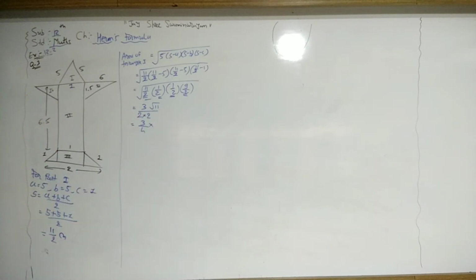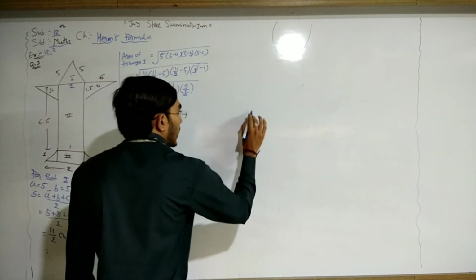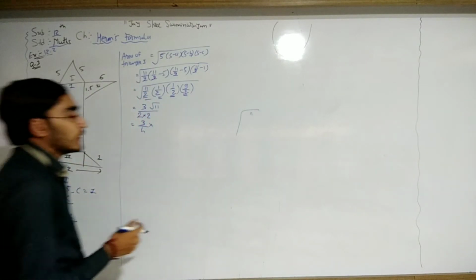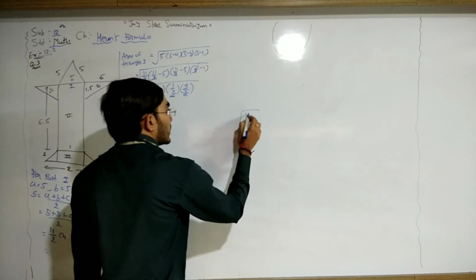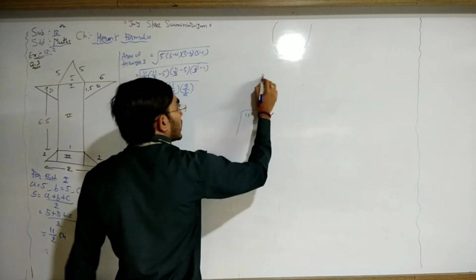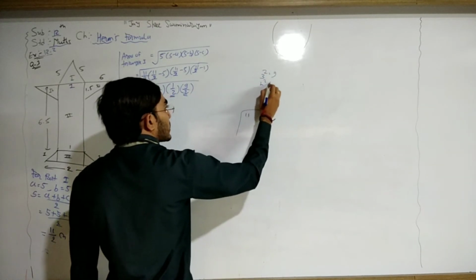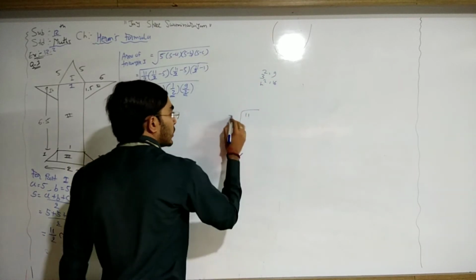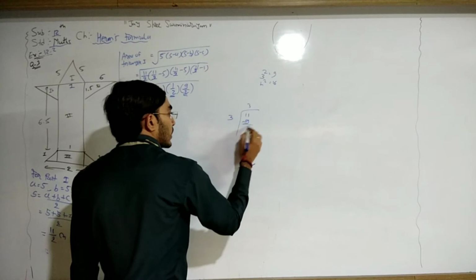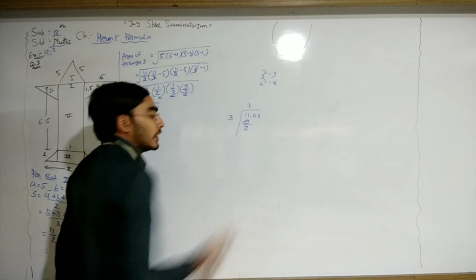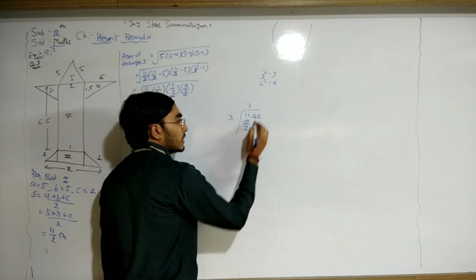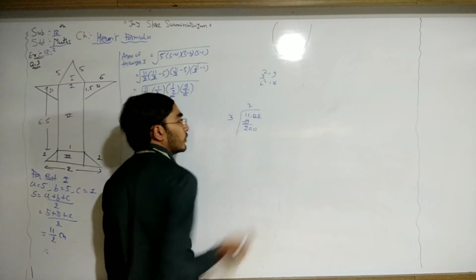So now we need to find the square root of 11. That we can find by using the long division method. First of all, 11. 3 square is 9 and 4 square is 16, so 11 comes between 9 and 16. So we take the smaller number 3, and the remainder is 2. Now we do not have anything more, so we can put 00, and here the decimal point.